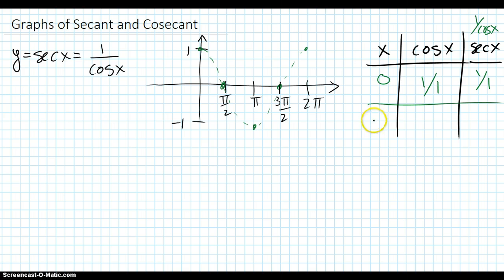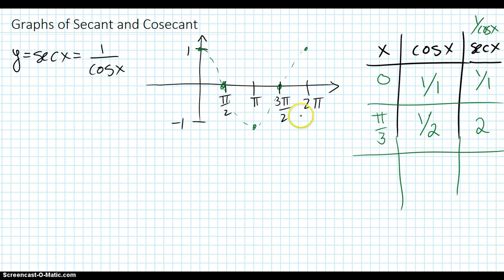If I went to 60 degrees, which is pi over 3, if you remember, cosine of 60 degrees is 1/2. If you look it up or try it on your calculator. And 1 over cosine, right, is secant, so this would be 2 over 1, or just a 2.